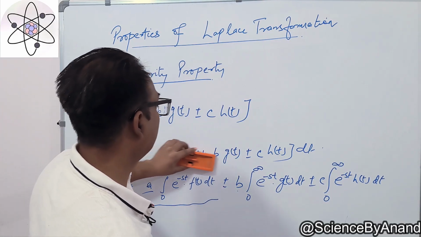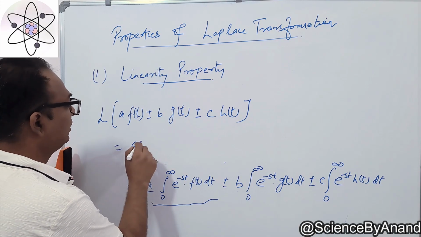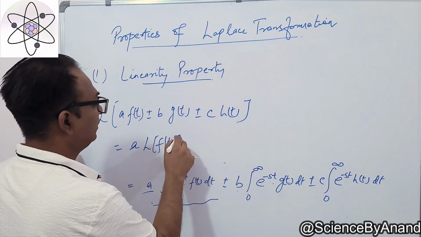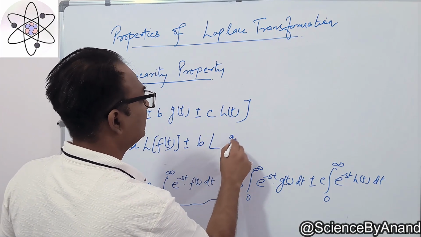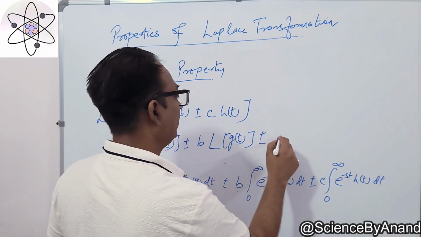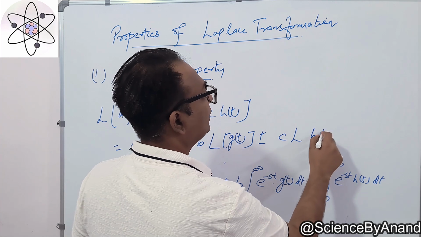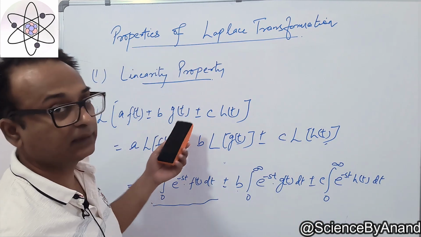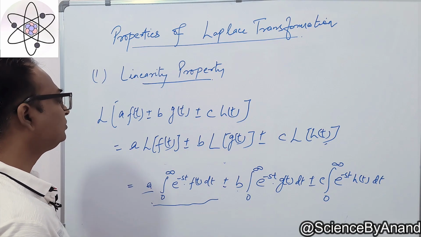So this can be written as a Laplace transform of f(t), then we have b into Laplace transform of g(t), c into Laplace transform of h(t). This is what we had stated. So we have proved this property.